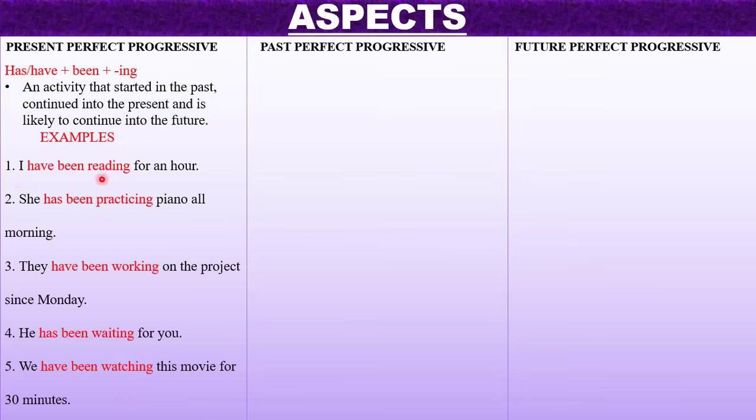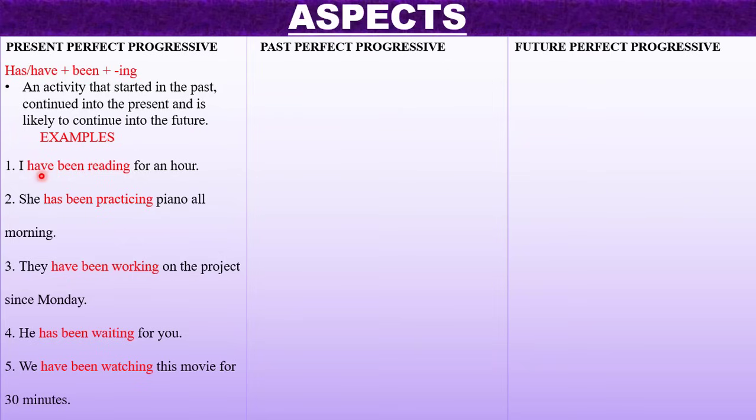I have been reading for an hour. Since we have progressive, expect that our main verb will be in ing. So, I have been reading. It means that the action started in the past and it continued to the present time, and it will even continue to the future time.